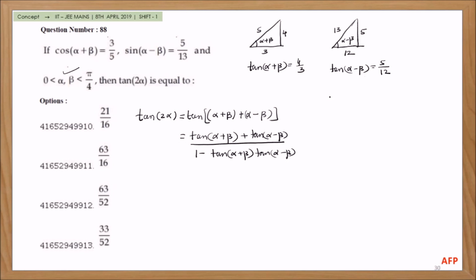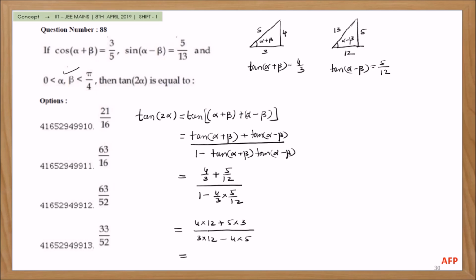So these values we will substitute here: 4 by 3 plus 5 by 12, over 1 minus 4 by 3 times 5 by 12. If you take the LCM, 4 into 12 plus 5 into 3 whole divided by 3 into 12 minus 4 into 5. Numerators' LCM and denominators' LCM are the same, so it will get cancelled.